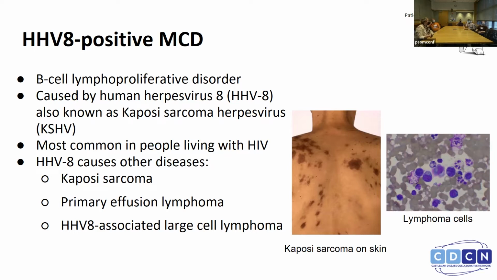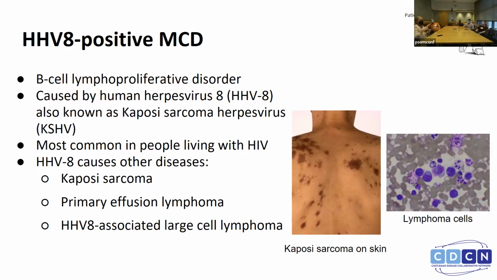And how similar are the symptoms between these 3 different things caused by HHV? That's a really good question. So Kaposi sarcoma is very different. Okay. Kaposi sarcoma usually comes about as tumors on the skin. It can also cause tumors in the lungs and the GI tract. So you could have breathing problems or GI problems like diarrhea, bleeding.